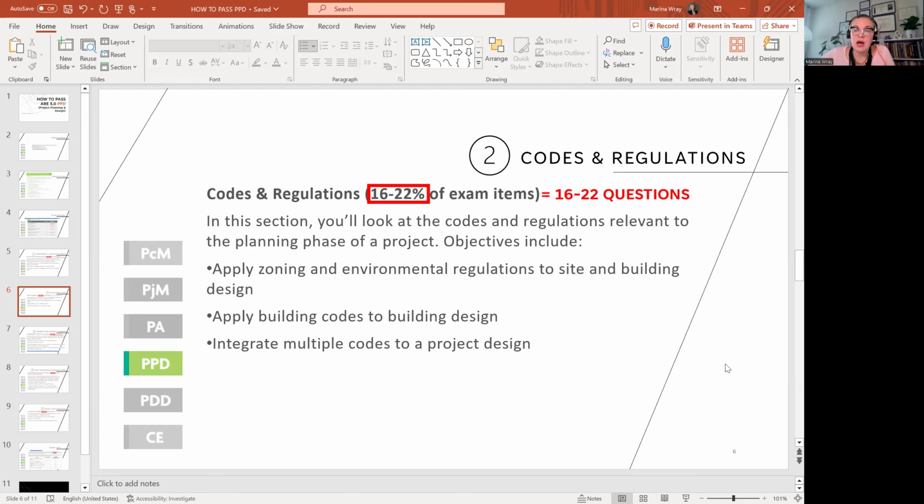Even if the IBC, for example, allows, let's say, a 5 foot setback, you need to follow the local one, which says 15 feet. That was just an example. So also you need to know how to apply building codes to building design.